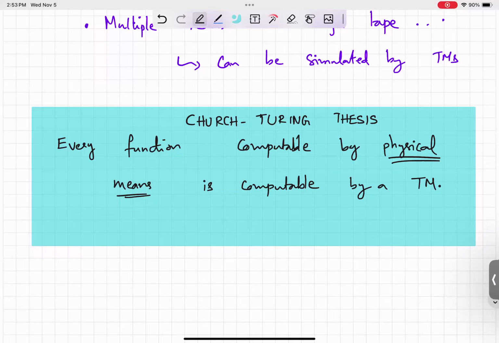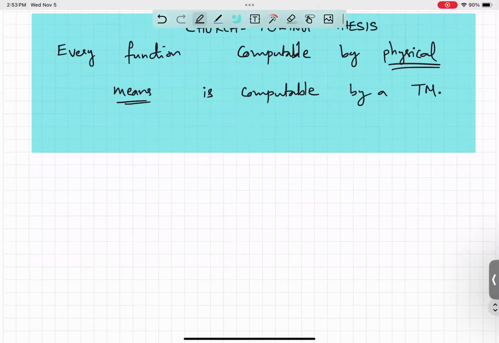Now this is very vague, and the reason it's vague is that it is really not a theorem or a hypothesis. We are claiming this is a new law of nature. It's a limitation in our physical world. It's saying anything that is realizable as a computational model given our current laws of physics can actually be computed just by a Turing machine.